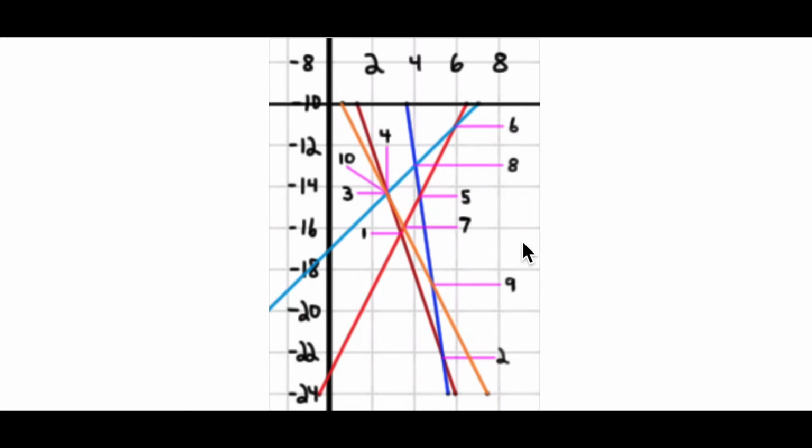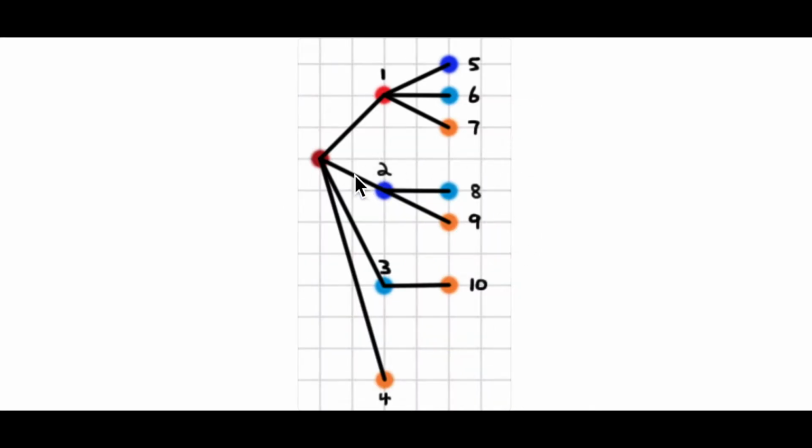But then to make sure, I made a little tree diagram. So if this is A, A intersects with B, C, D, and E. And if this is B, B is already intersected with A, but B then intersects with C, D, and E. If this is C, C has intersected with B already, A already.